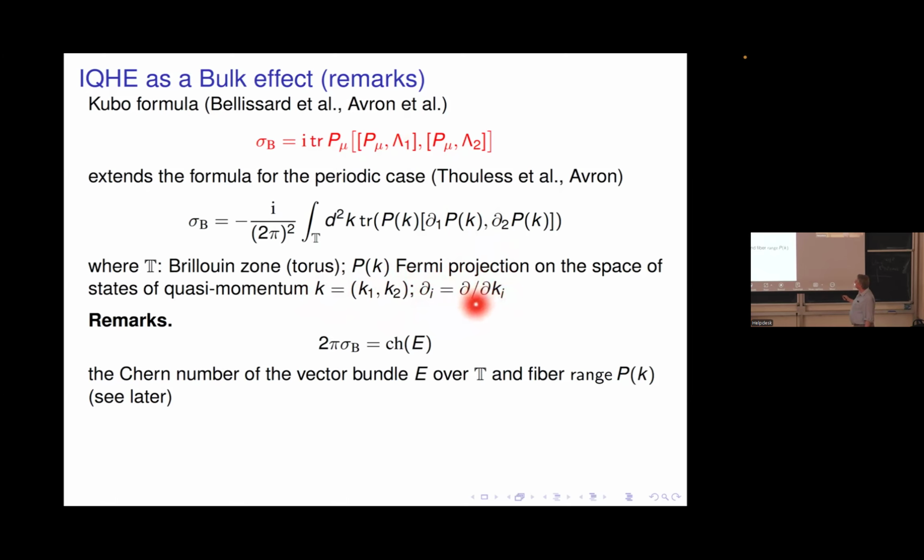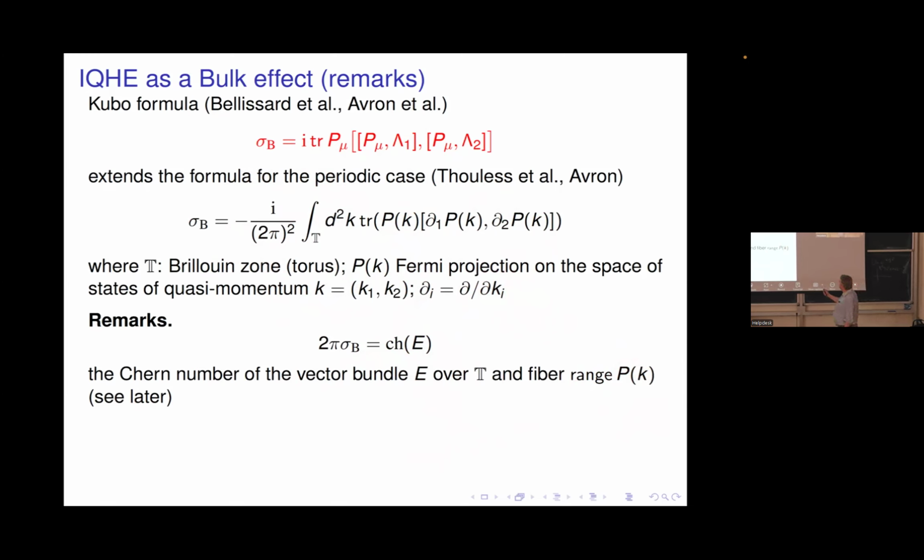And then this mysterious expression here on the right side, if multiplied by 2 pi, turns out to be the Chern number of a certain vector bundle over that torus that is defined by the range of these projections Q. Maybe this is already all familiar to you. Good. If not, we will revise this.